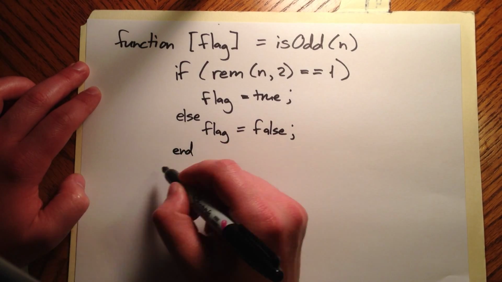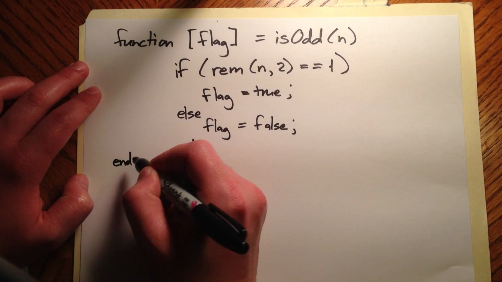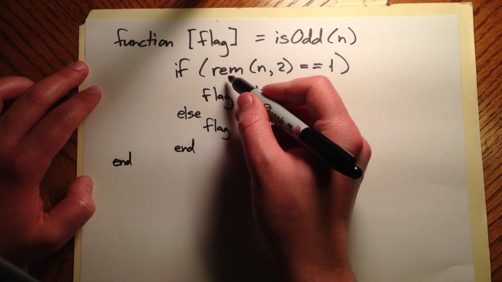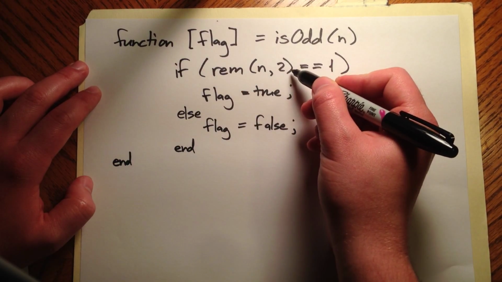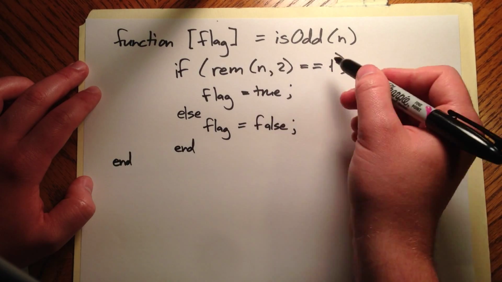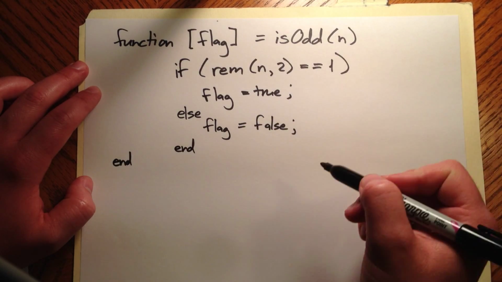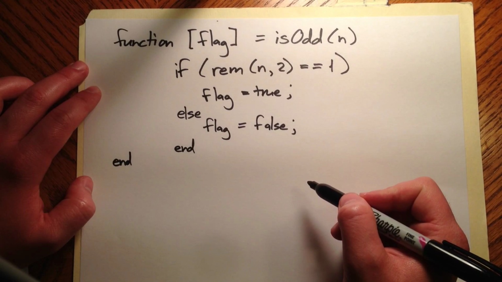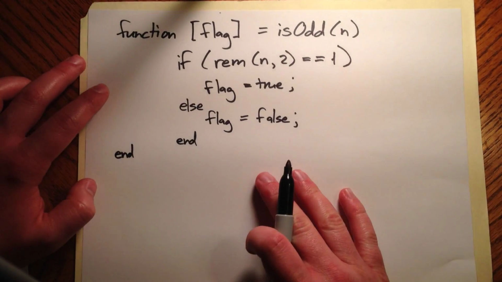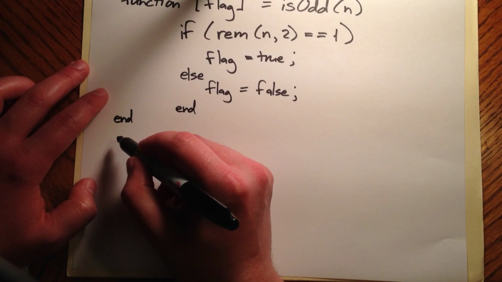And we end the function. So this is just taking the remainder after n was divided by 2 and seeing if it's equal to 1. So I think you guys understand that.